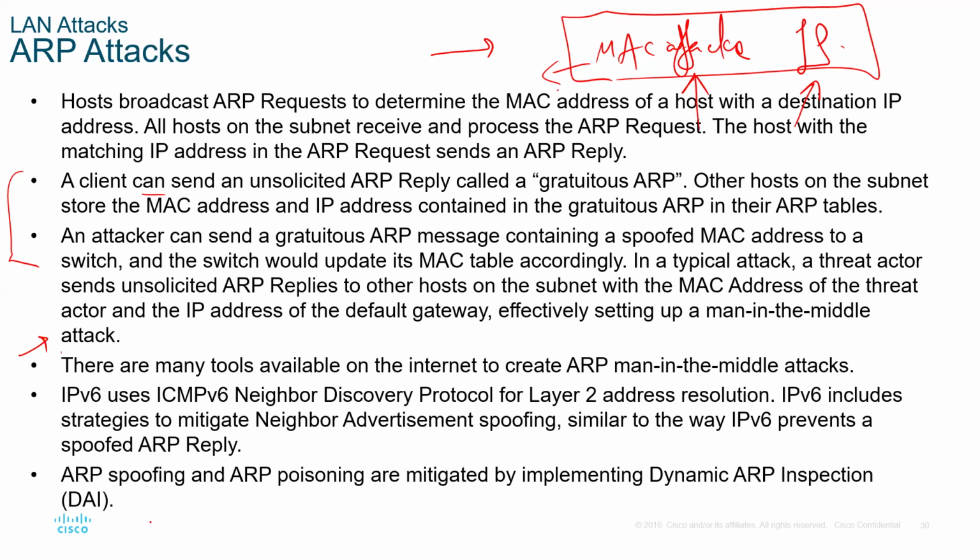Then every time legitimate users want to access that IP address, they'll be communicating via the attacker. The other one, which was mentioned, is more to do with denial of service: many bogus broadcast requests are sent, then the switch gets overwhelmed. That's how we have denial of service.